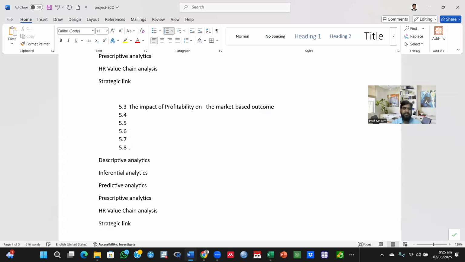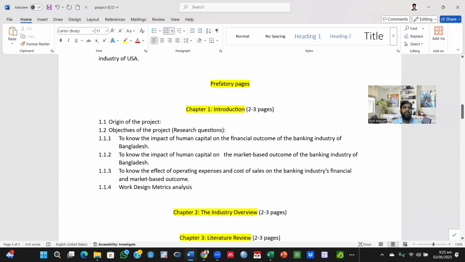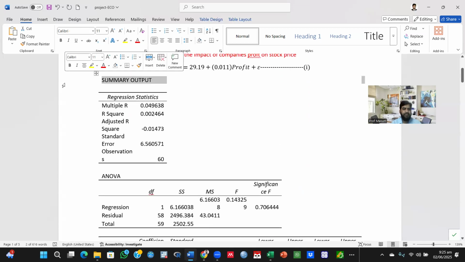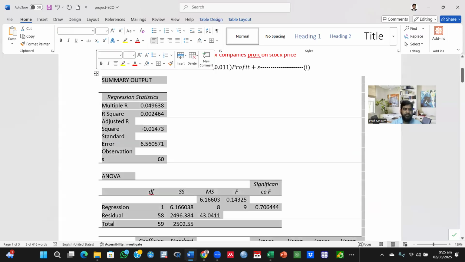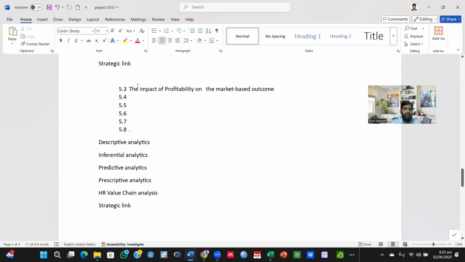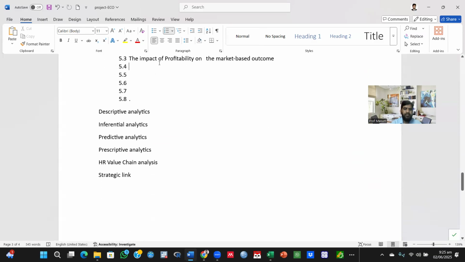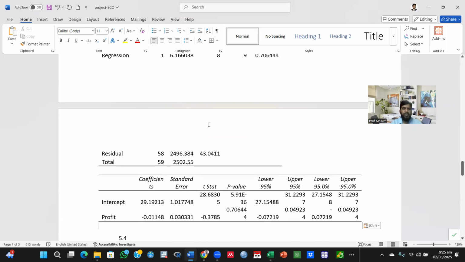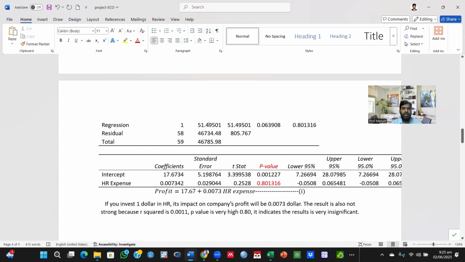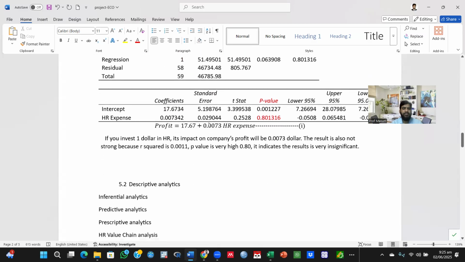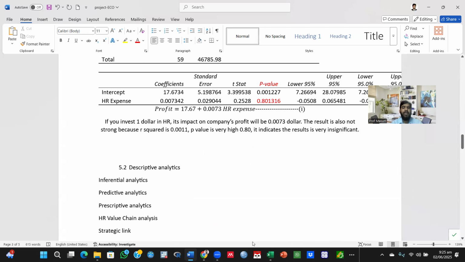There you will give this table and we'll explain. So we'll explain like this. So have you got the idea how you are going to write your results and discussion section? And then finally you will conclude.